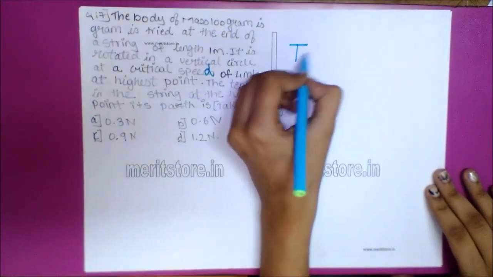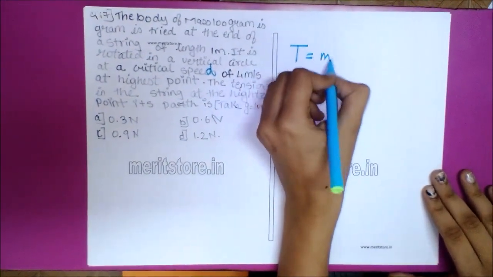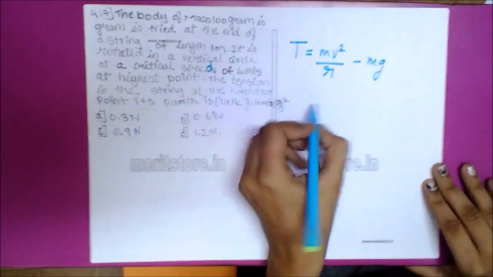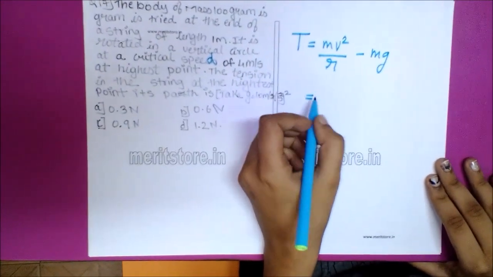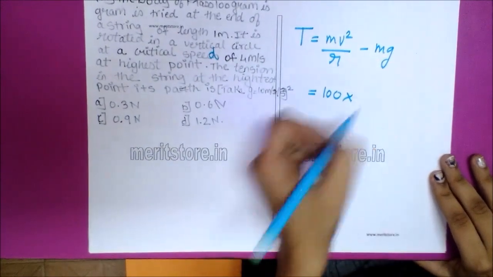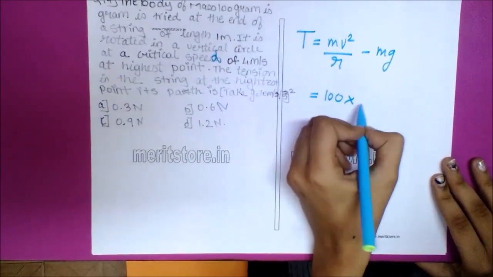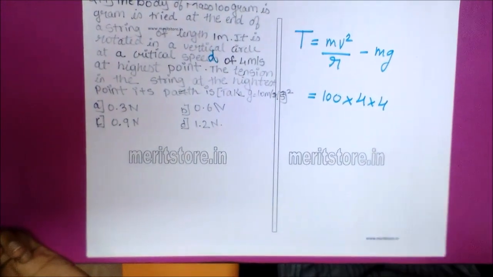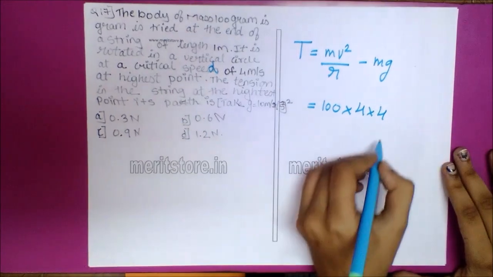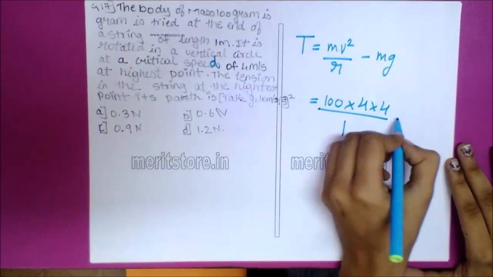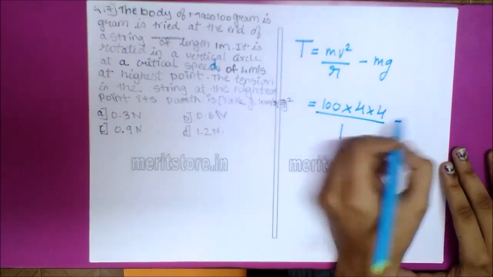We know that tension T is given by mv square by r minus mg. So mass is given to us as 100 grams. Speed is given to us as 4. It will be 4 into 4 because it is v square, by r is 1, minus mg.